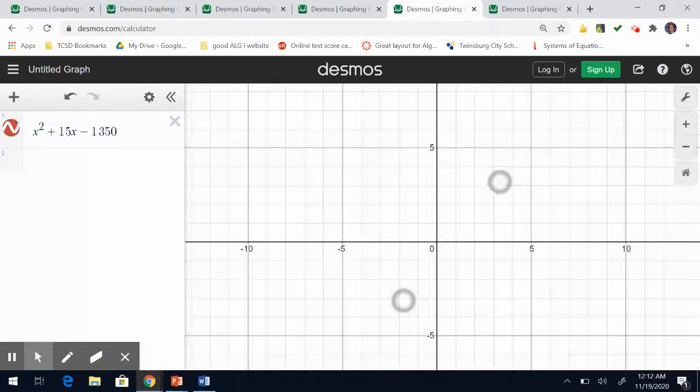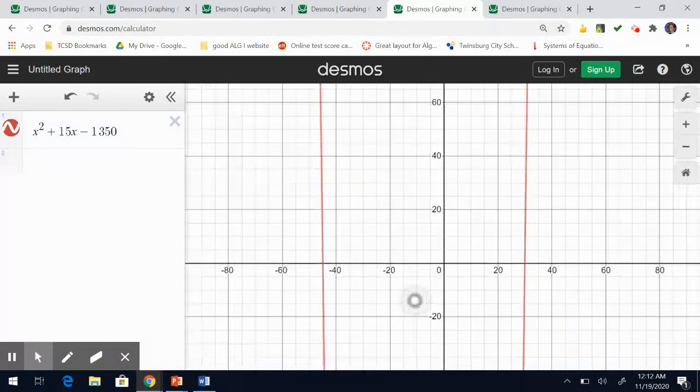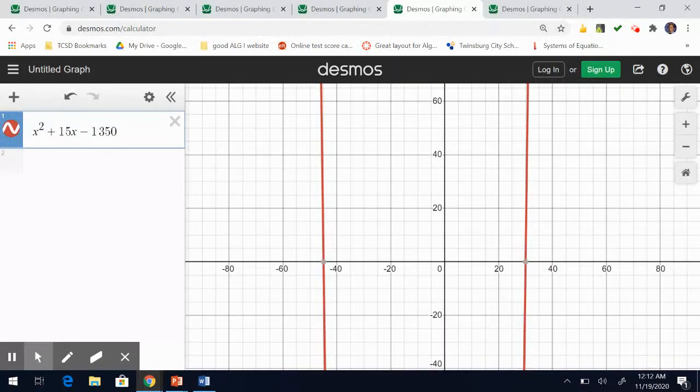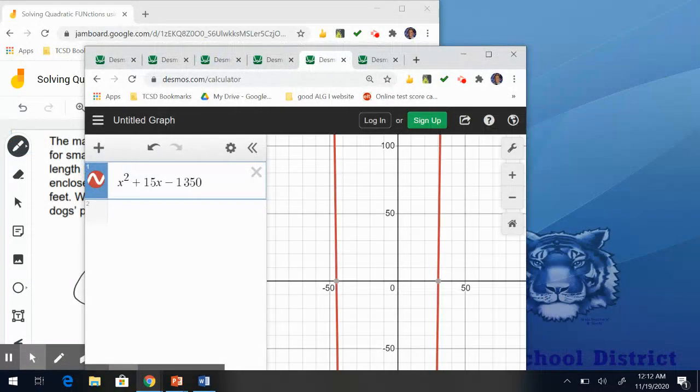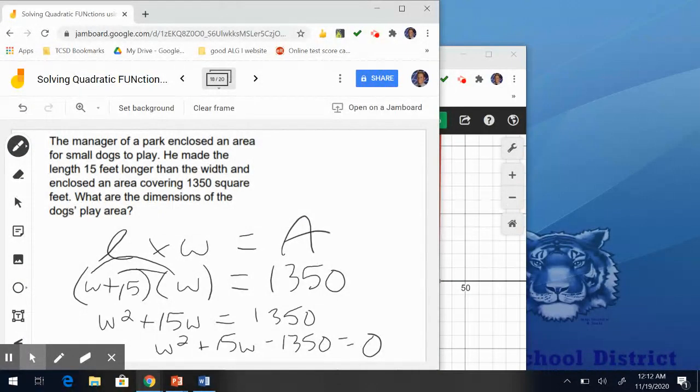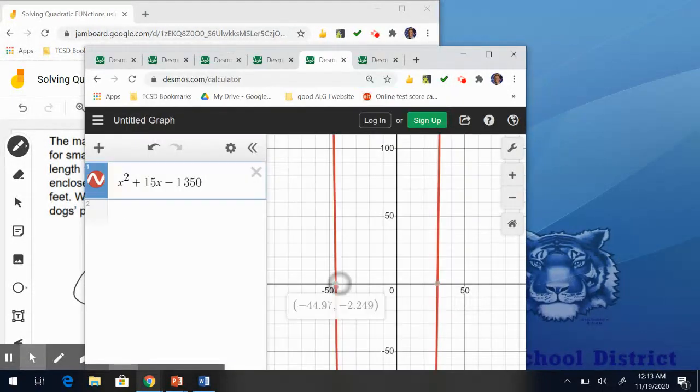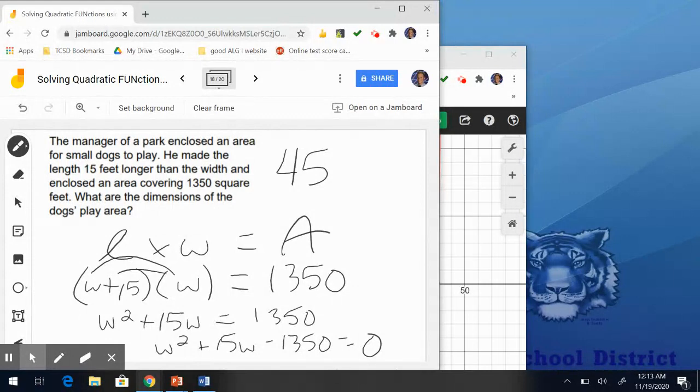I don't see it yet, so I'm just going to zoom out. I'm going to get my answers here as negative 45 and 30. Here's the only issue. Because we are in context with a word problem, we can't have a negative length. So our lengths are always going to be positive.